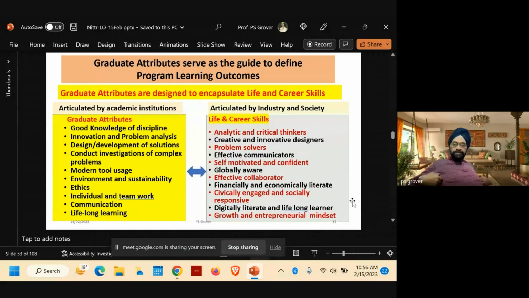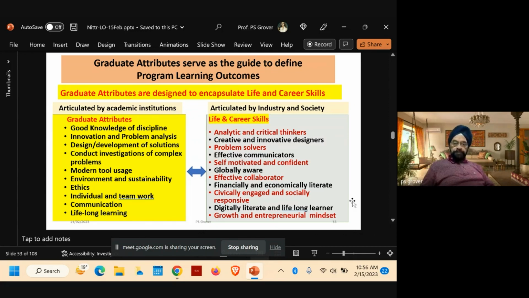Graduate attributes are the qualities of the students which we want them to imbibe. Now, how do I know what qualities they should have? Those qualities we gain information and knowledge about from the industry, from the employer, from life skills, and so on. We gain it from them.